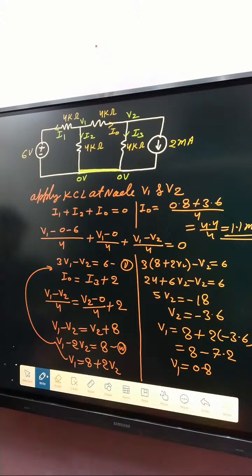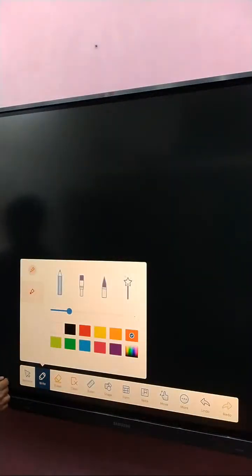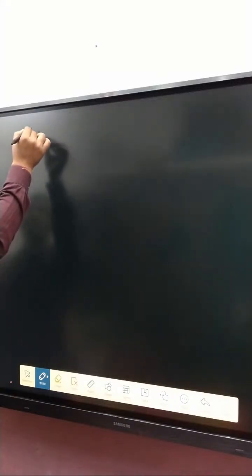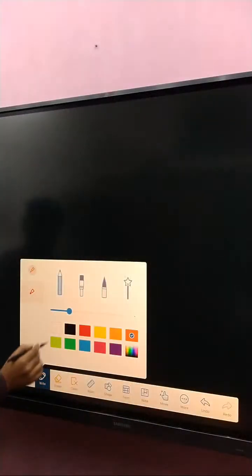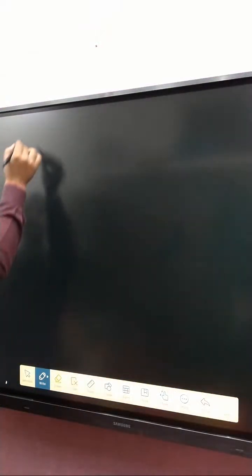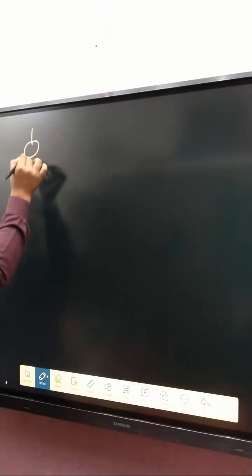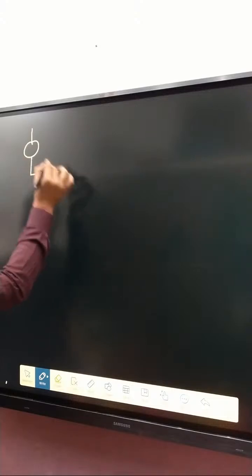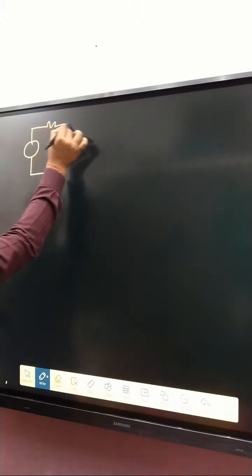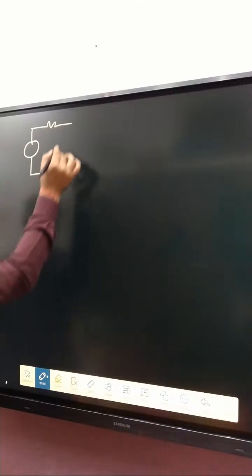Now, next problem. I've taken another problem also. I hope it is clear. So the next problem is this one, a voltage source. Sorry, we are taking another color also. That one is a voltage source. And here, that is a resistance.